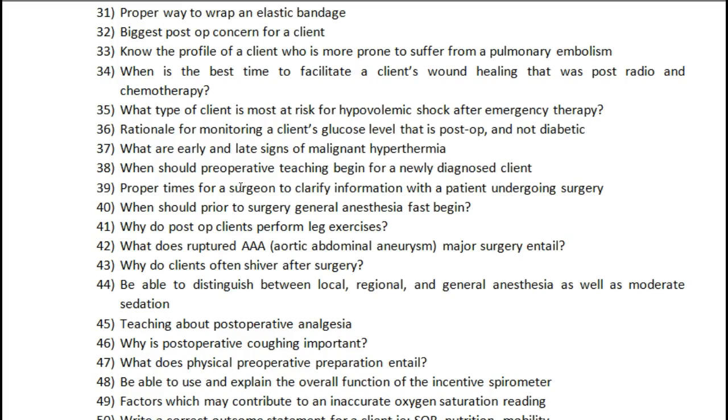When should preoperative teaching begin for a newly diagnosed client? We already said if a person is diagnosed and they're not necessarily in the hospital yet, you may want to start a week or so before they're admitted.